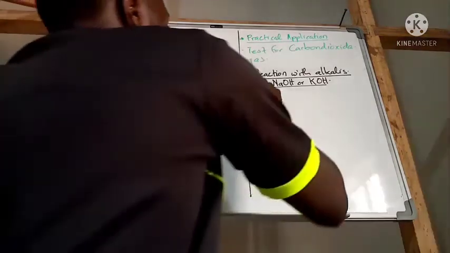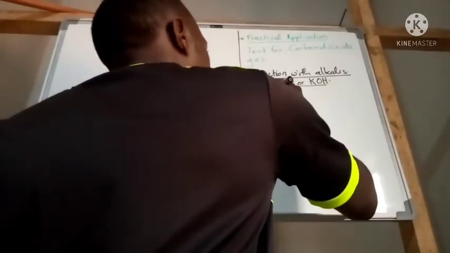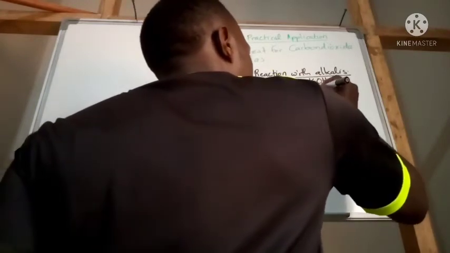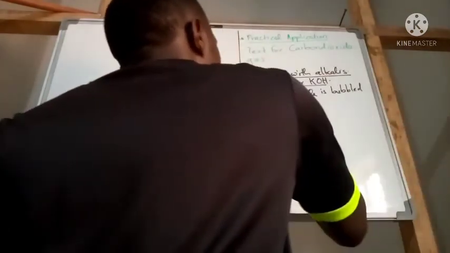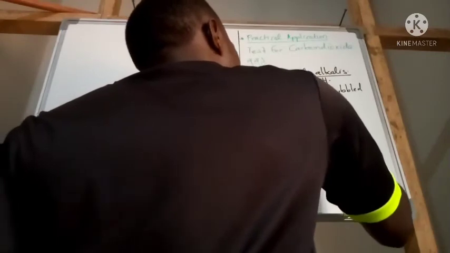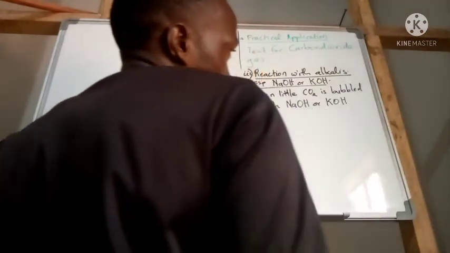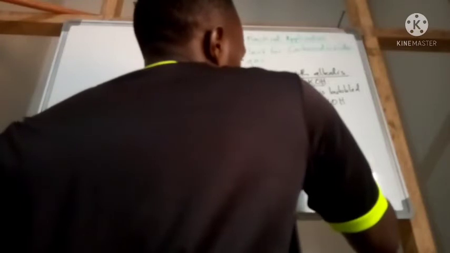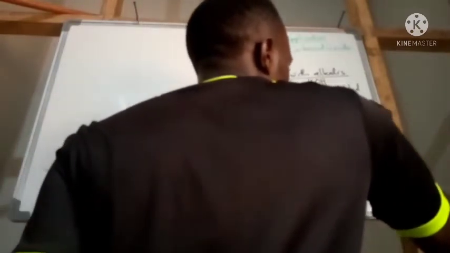So as we continue describing our property, when little carbon dioxide is bubbled through sodium hydroxide or potassium hydroxide, there is no observable change.